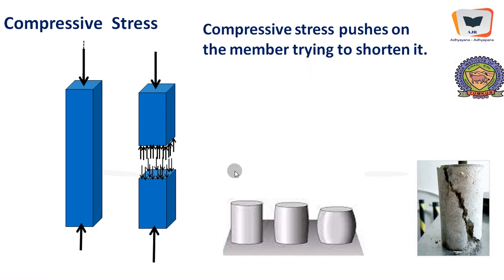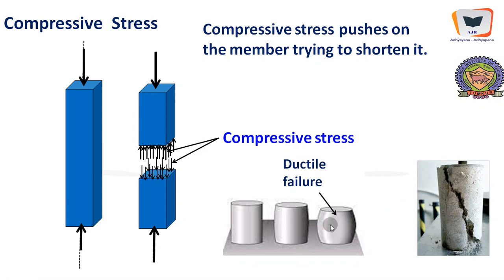The effect of tension is elongation or stretching, but the effect of compression is shortening. As far as ductile materials are concerned, it's going to form some kind of bulging. It will reduce in height, but there will be an increase in the diameter. It will take some kind of a bulged shape.